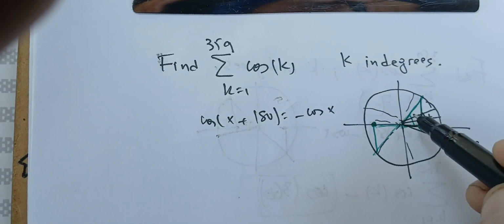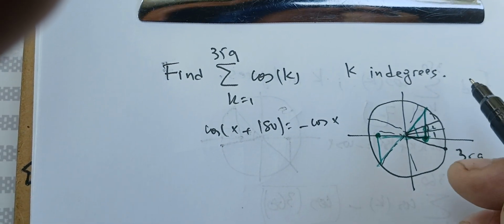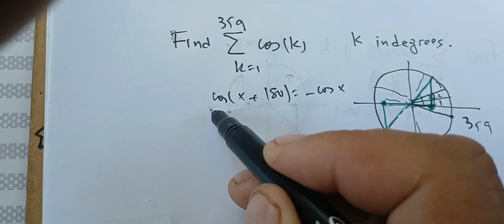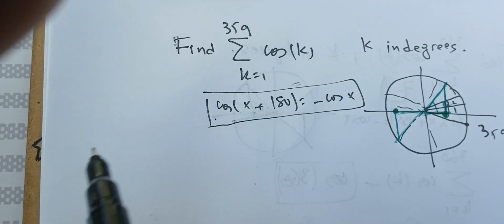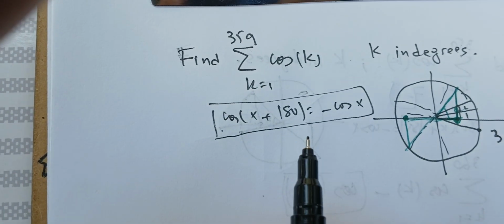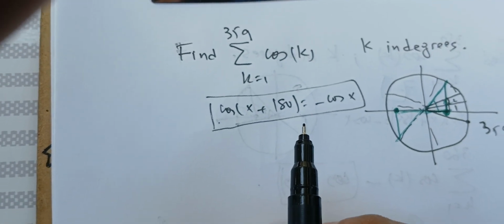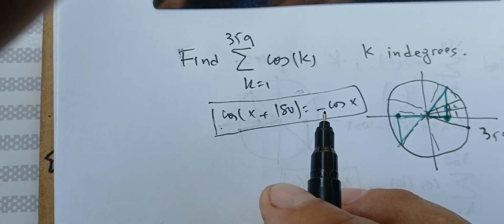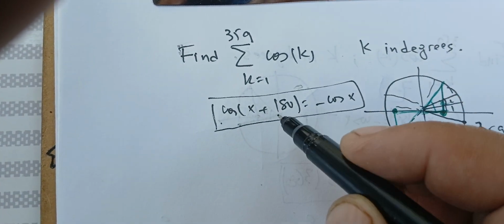We can use similar triangles and take the negative values into account, and we see that we have this value here. Now we're going to use this to solve this problem. We're going to form the numbers that we count in pairs in this manner.